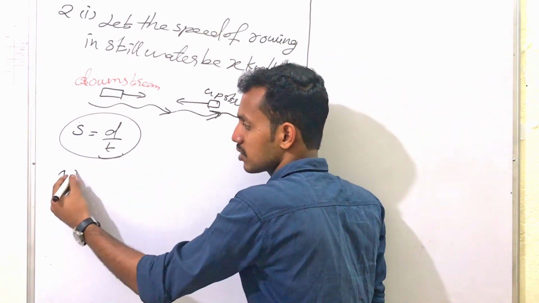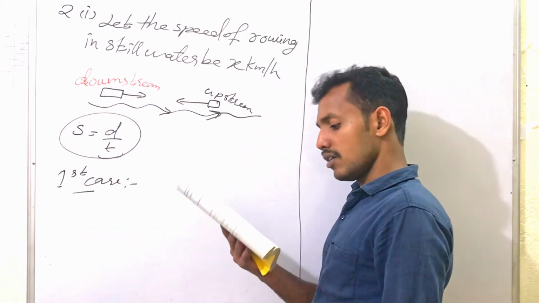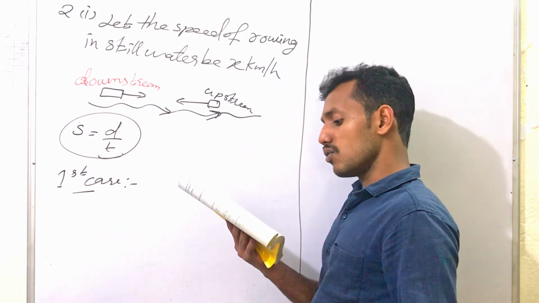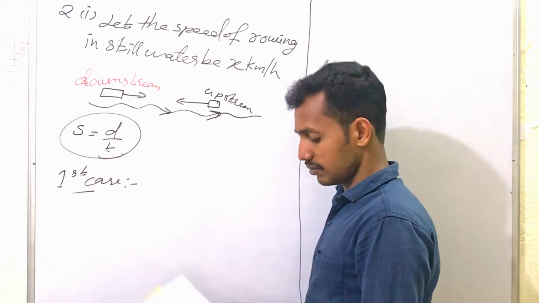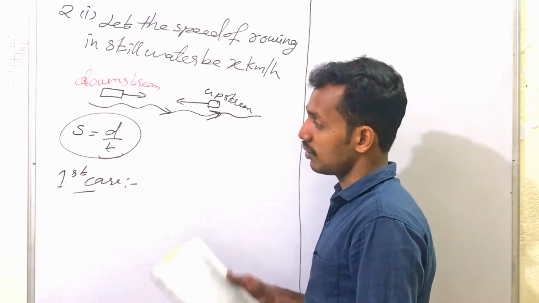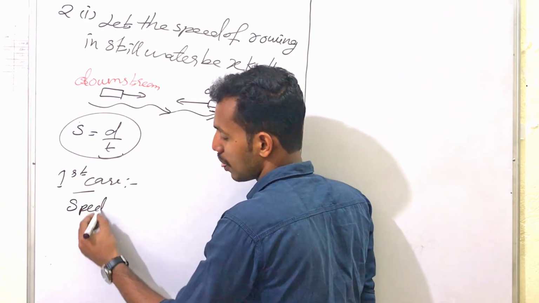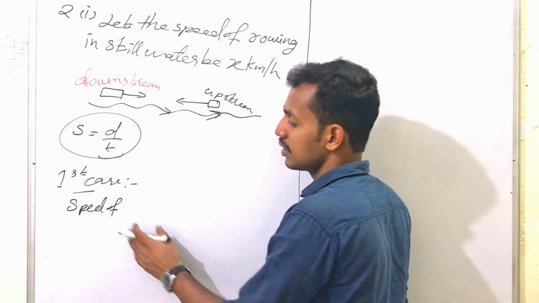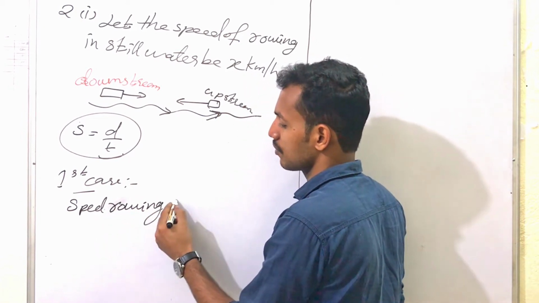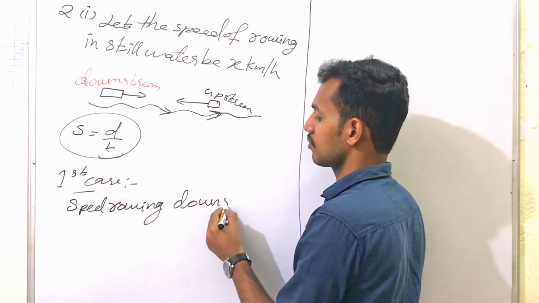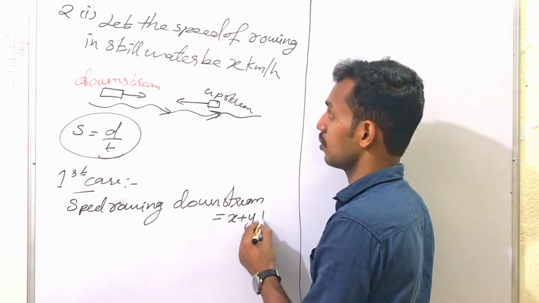In the first case, Ritu can row downstream 20 km in 2 hours. So speed of rowing downstream is equal to x plus y kilometer per hour.